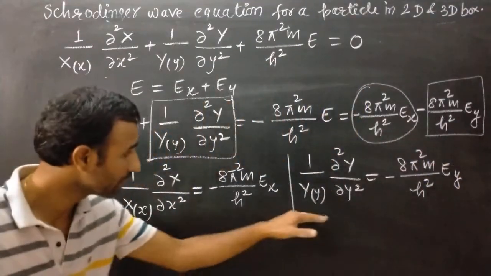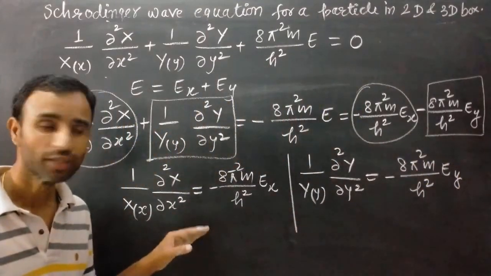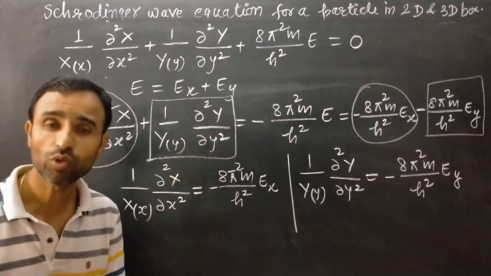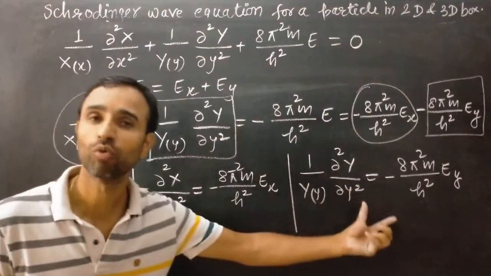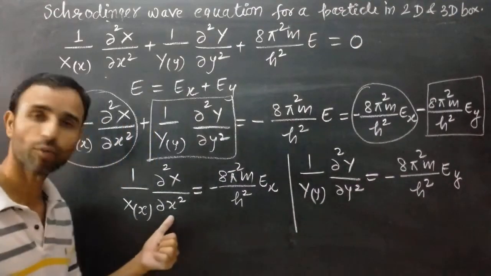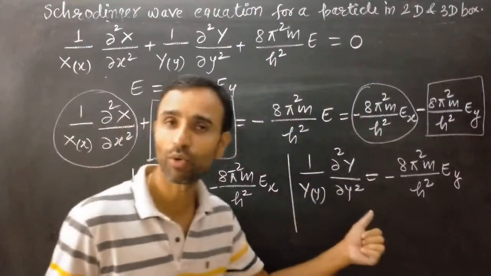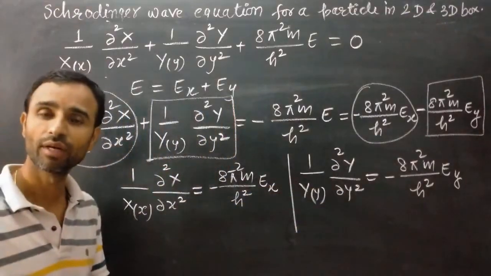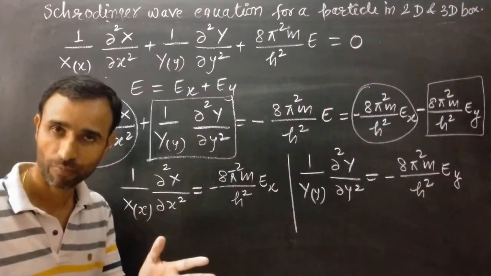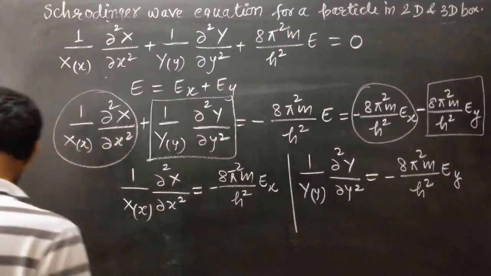So now again we divide the whole equation into two independent one-dimensional equations, one depending upon x only, the other depending upon y only. So we can solve them just like a particle in a 1D box. So what are the values?